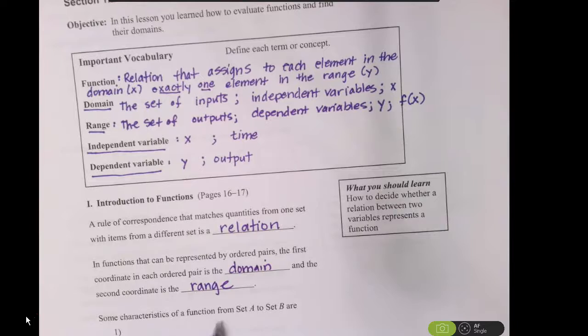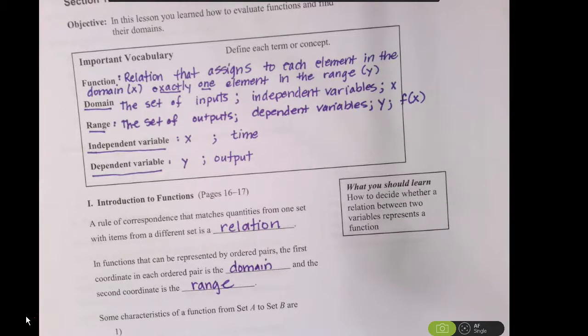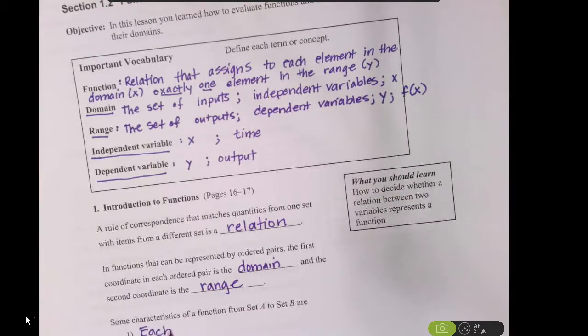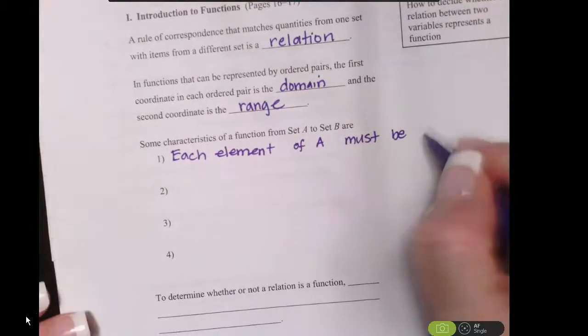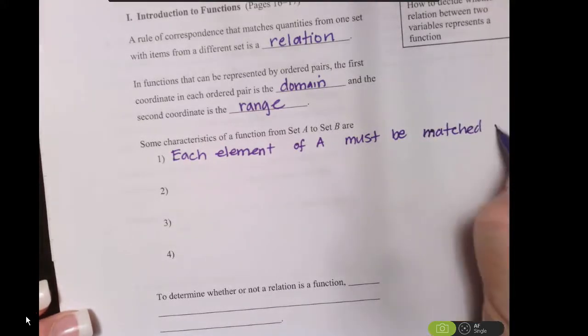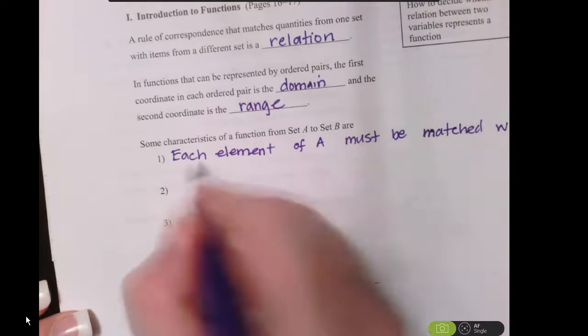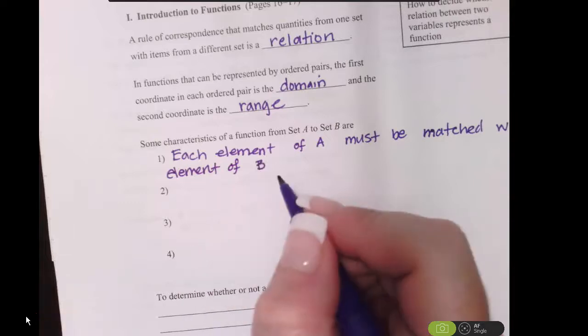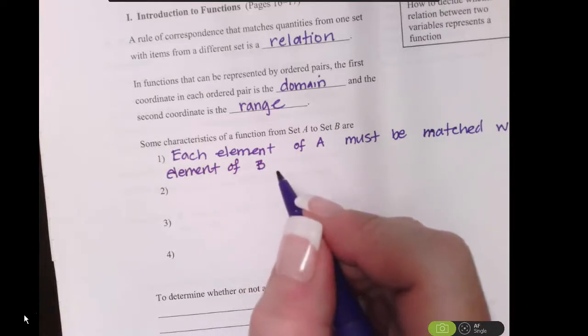Some characteristics of a function from set A to set B. So each element of A must be matched with an element of B. And you don't have to watch me copy these.